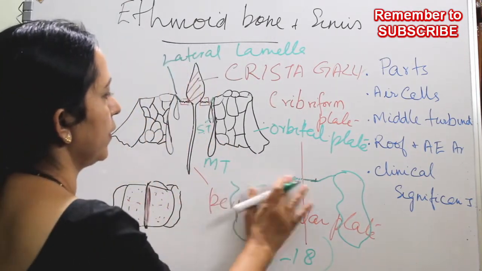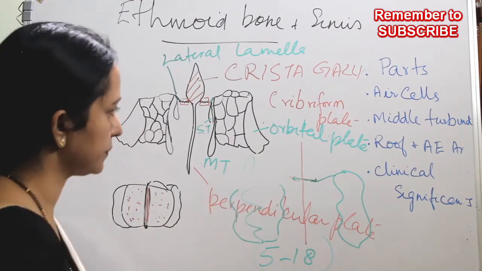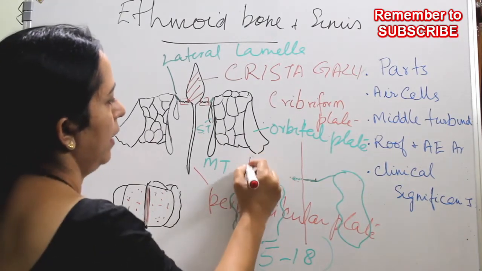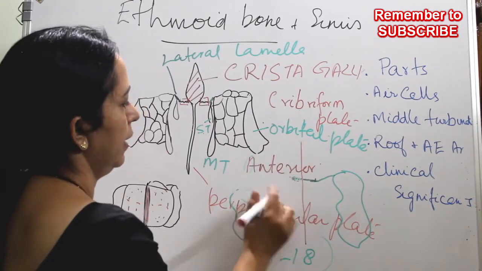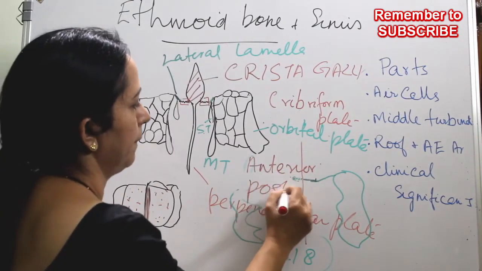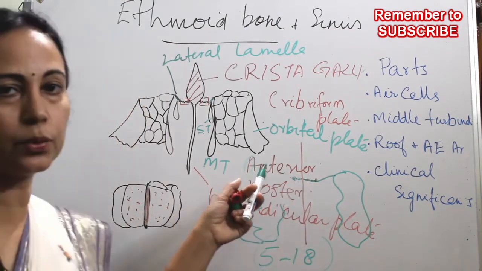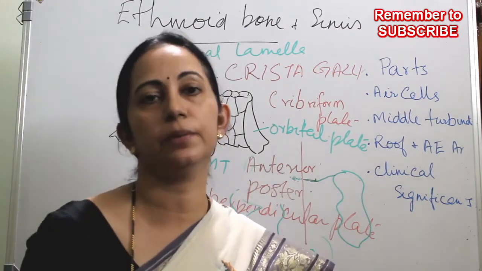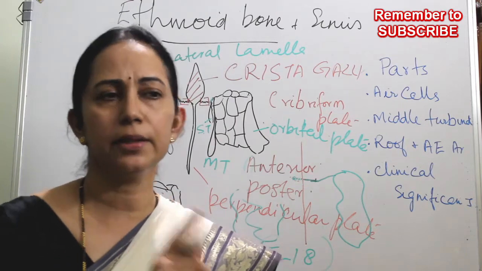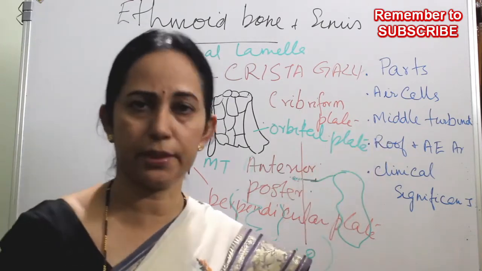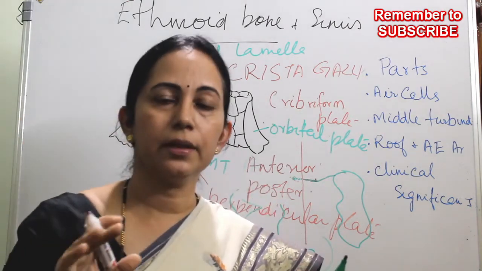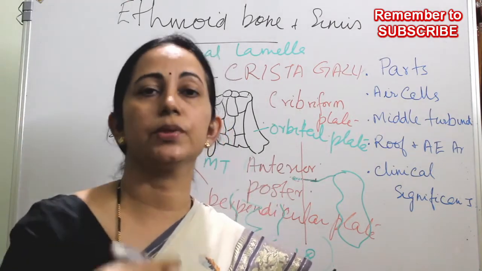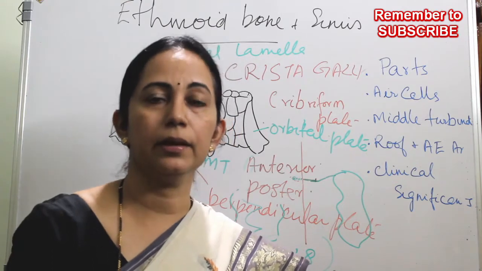These cells are again divided into an anterior group and a posterior group. And this anterior group is actually situated anterior to the basal lamella. What is the basal lamella? I will tell you along with the middle turbinate anatomy. Don't worry.